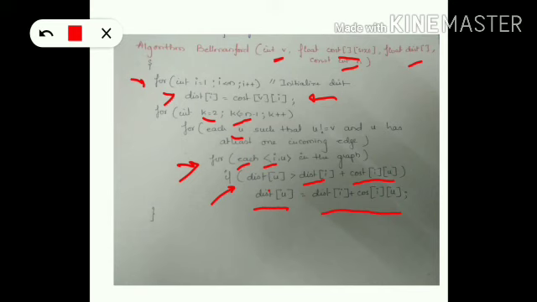So this innermost for loop works for all the vertices u that are in the given graph. So this entire thing happens for all n minus 1 iterations.